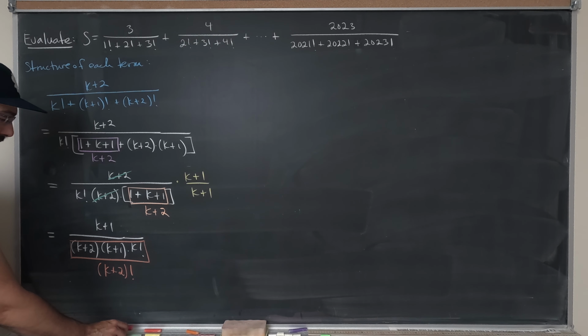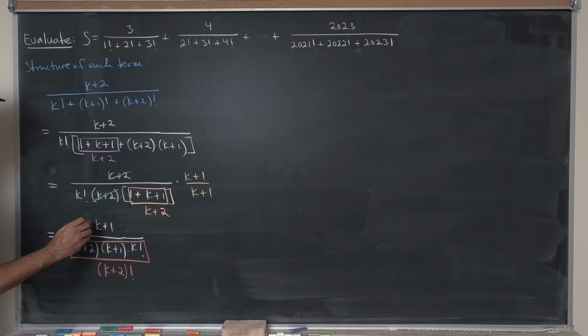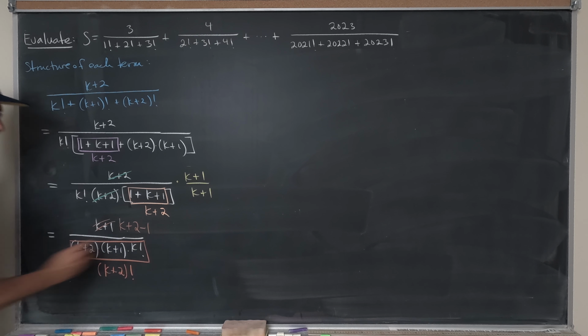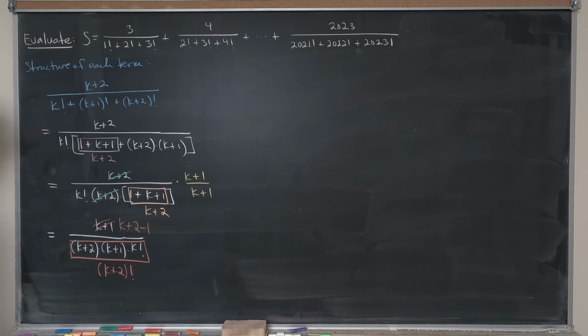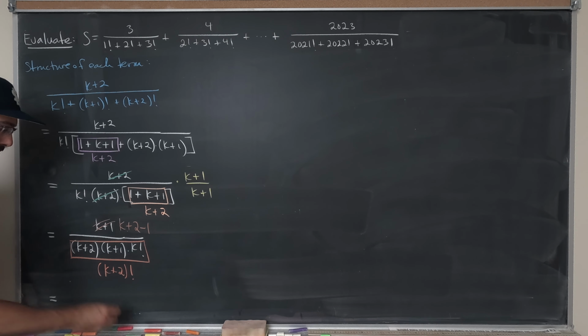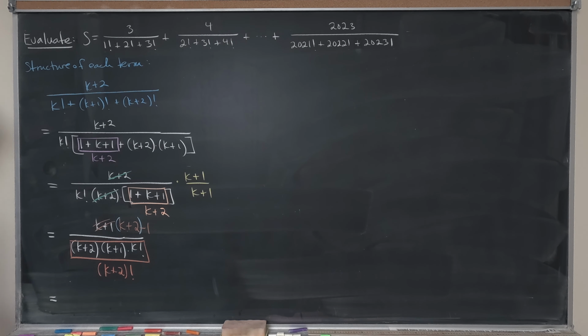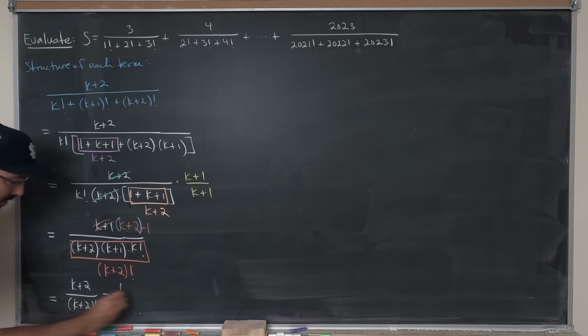But if we make one more move here, k plus 1, we can rewrite this as k plus 2 minus 1. That's still k plus 1. And when we do that, we end up with the following. Let's bracket off the k plus 2 and write that over our k plus 2 factorial, minus this 1 over the k plus 2 factorial.